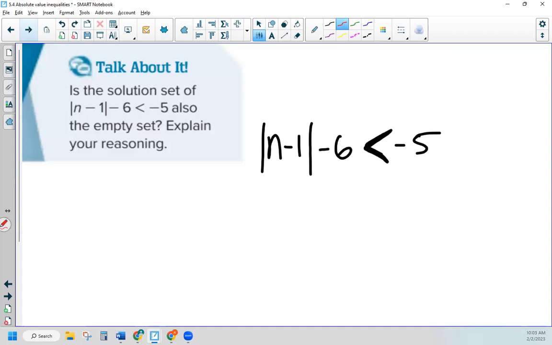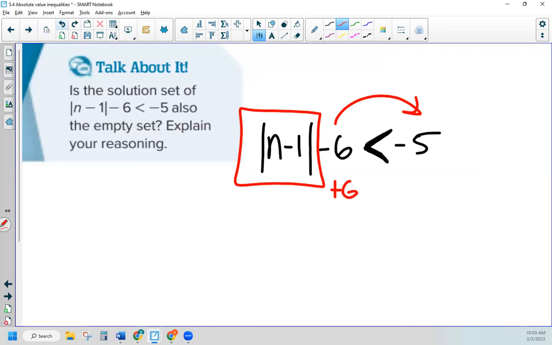Remember that before we can ever get started with what's inside of our absolute value, we want to get this right here by itself on one side of the inequality. So this -6 must be taken to that side so we can start working. What we do here is we would take 6 to the other side by doing the opposite, which is adding. What do you think happens now?